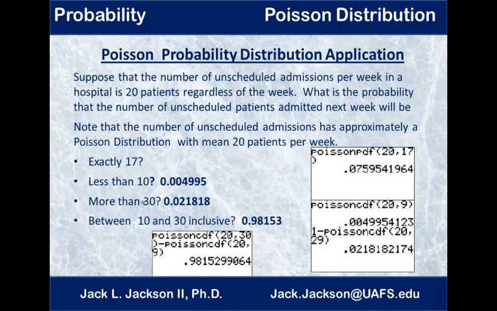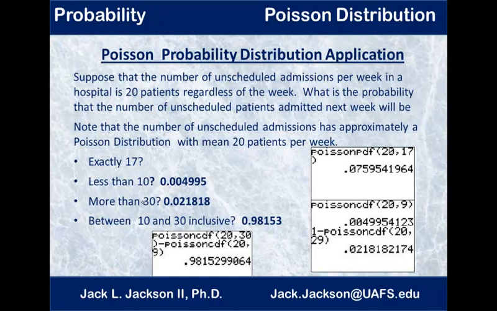Probability that it's more than 30, that means not less than or equal to 30. So that will be the complementary probability. You can do that as 1 minus the probability that x is less than or equal to 30. So it's 1 minus, actually that's off. More than 30 does not include 30, so 30 should be subtracted.